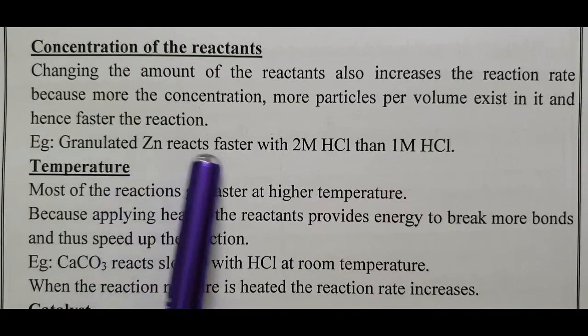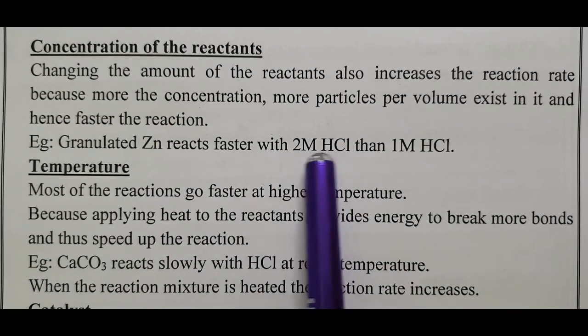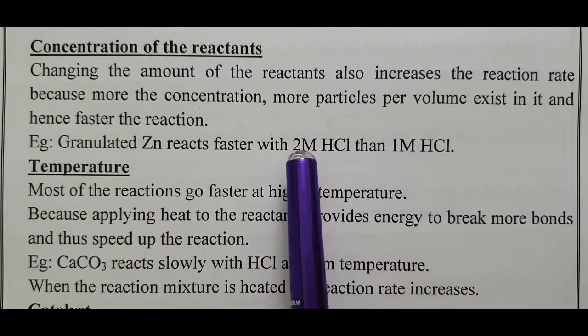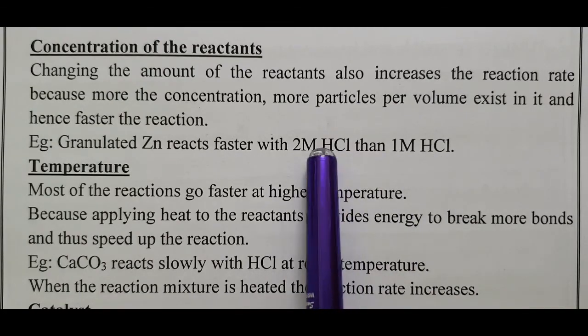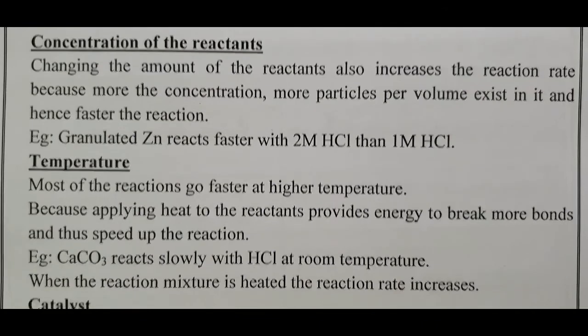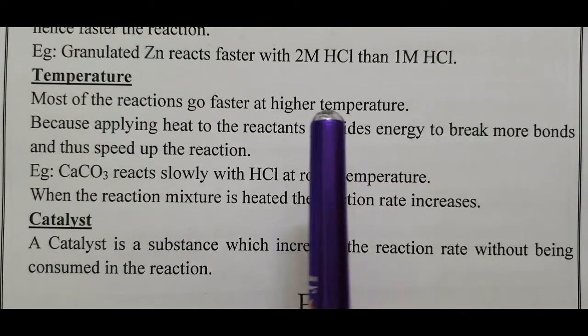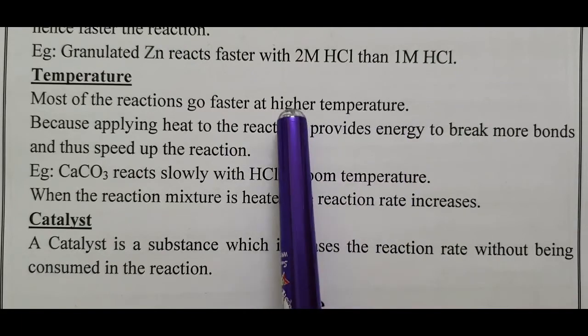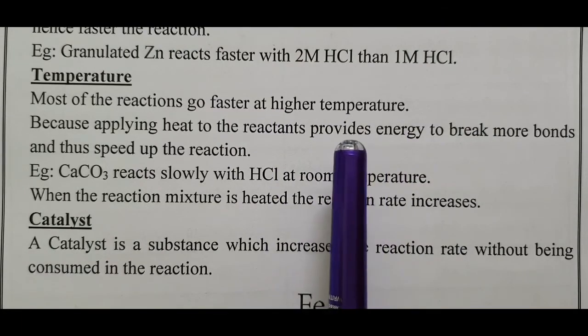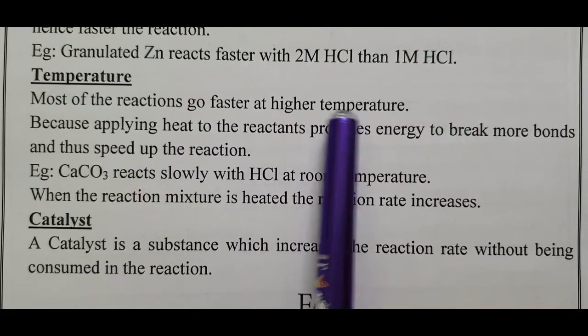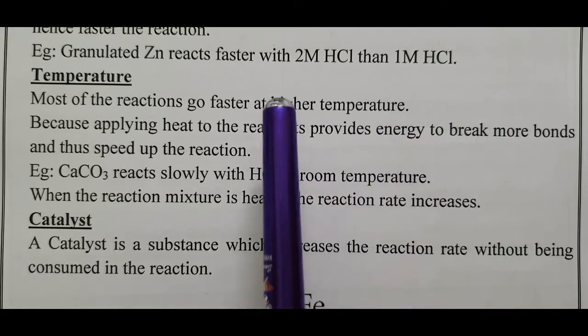Granulated zinc reacts faster with 2 molar HCl than 1 molar HCl. If concentration increases, rate of the reaction also increases. Temperature. Most of the reactions go faster at a higher temperature. When we increase the temperature, the movement of molecules increases, collision between the molecules increases, thereby reaction speed increases.